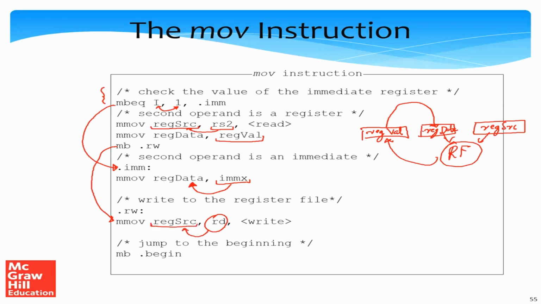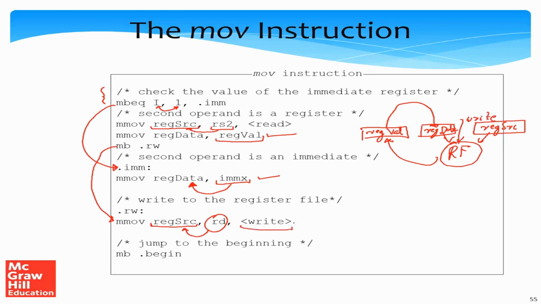And since in advance we have already written the right data via this statement over here and this statement over here, either the immediate or the contents of a register have been written to reg data, we can in parallel initiate the register file write by sending the write command, which is exactly what has been done.